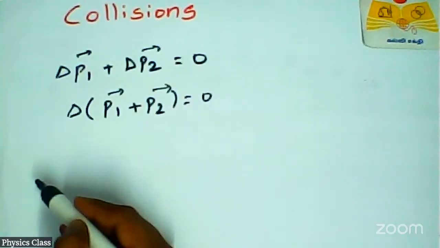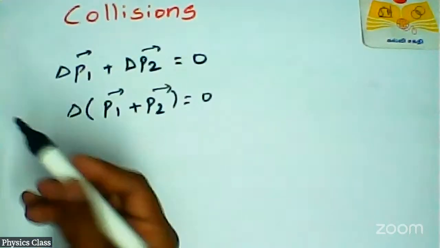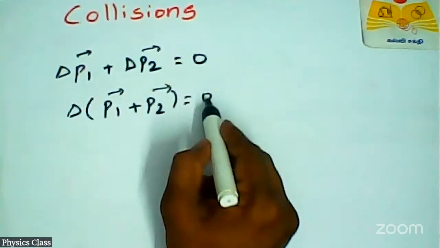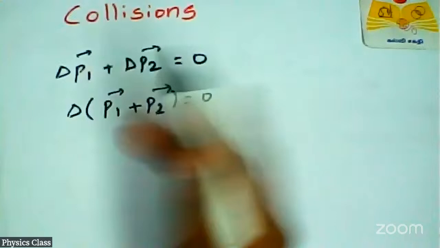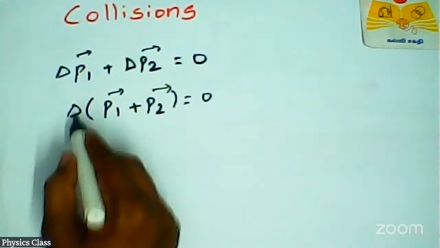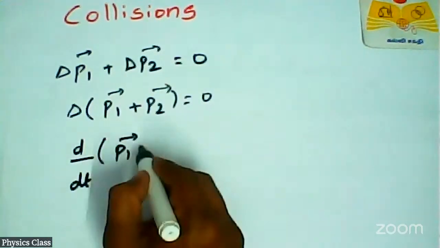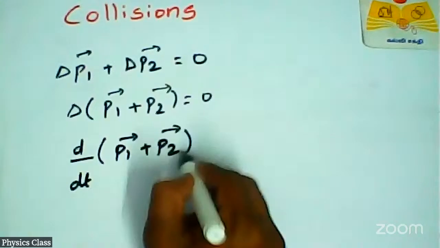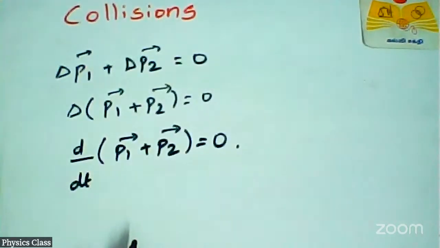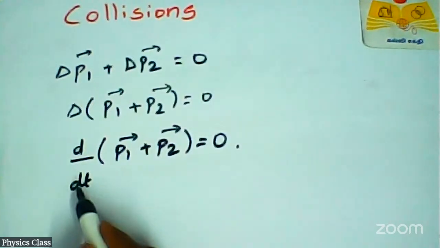We can change that del into d and divide by del T on both sides. So 0 by del T is 0, 0 by anything is 0. But here we can change del to d, so it becomes differentiation, which is 0. Why have we included dt? Because it is differentiated with respect to time.